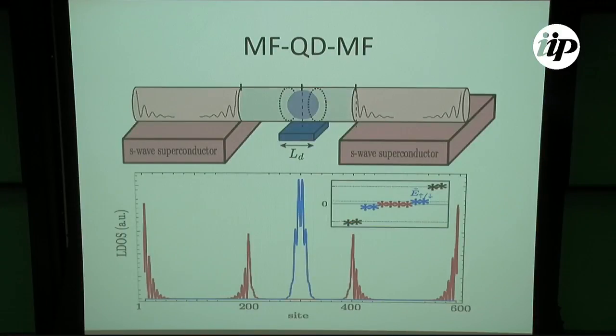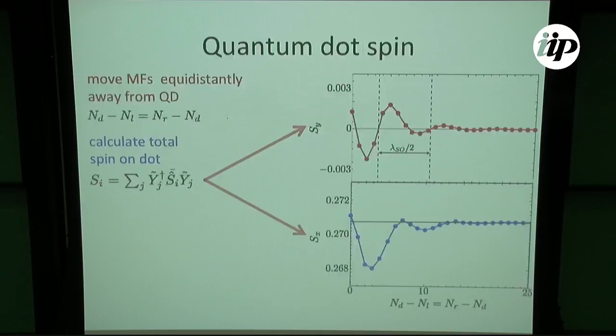Then we considered two Majorana fermions coupled with the quantum dot, and you can see that the local density of states is roughly the same, except you have two additional Majorana fermion states, and likewise the energy spectrum is the same, except you have two additional Majorana fermion states, also at 0 energy. And then we calculated the spin on the dot.